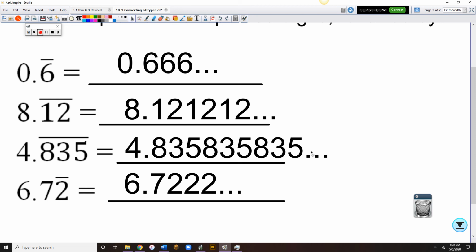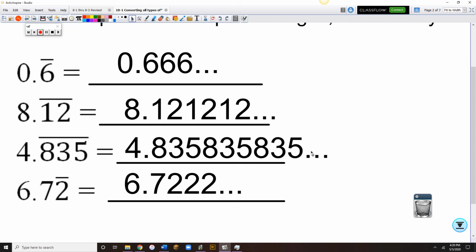So for the purposes of our assignment, because we don't have the ability to do repeater bars, and we want some consistency between what we're doing with repeating decimals and other things that we're doing, we've made the blanket decision that we're going to express everything with 6 decimal places.